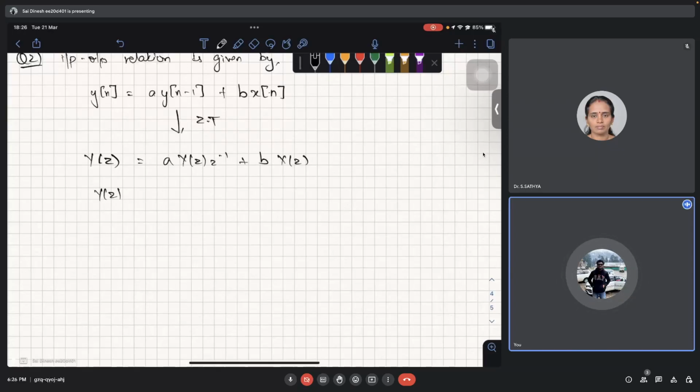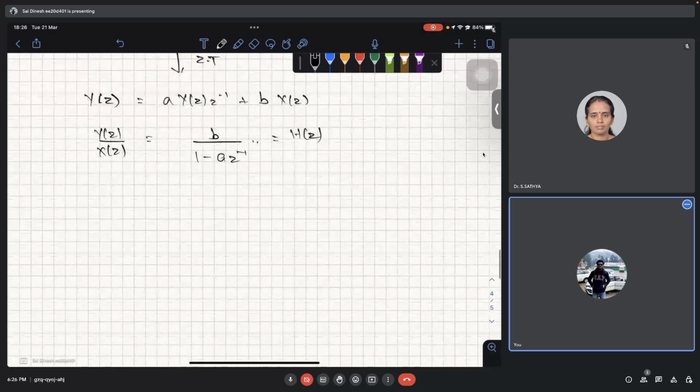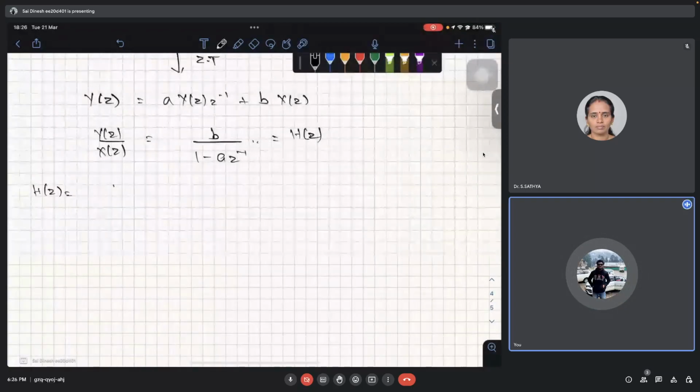So Y of z by X of z will become b by 1 minus a z inverse, right? So this is equal to H of z.